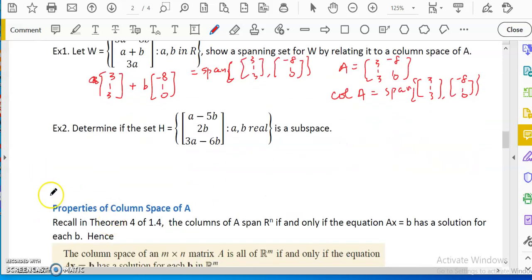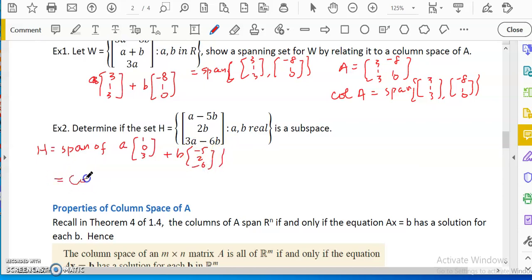Example 2: if H is this set of vectors where a and b are real, can I write it? Is it a subspace? Well, it is a subspace if I can write it as a spanning set, or if it is Col A. So we can say H is equal to the span of (1, 0, 3) and (-5, 2, -6).